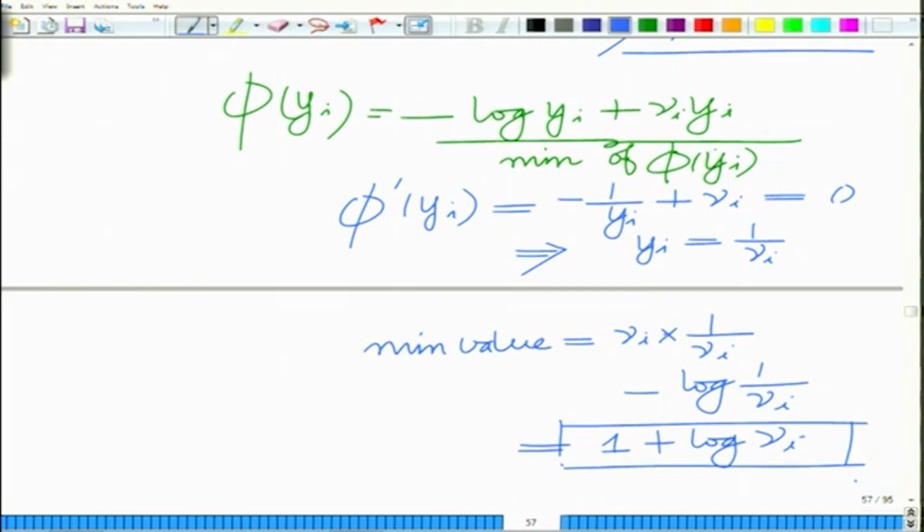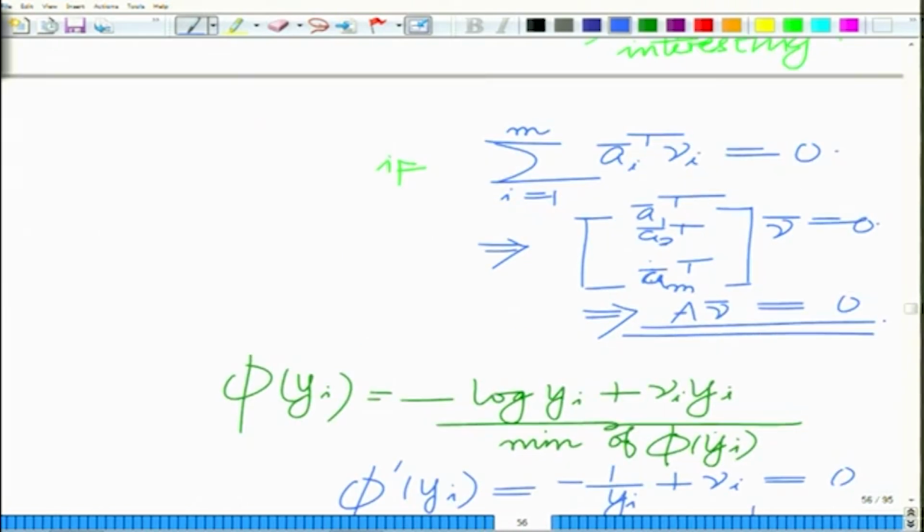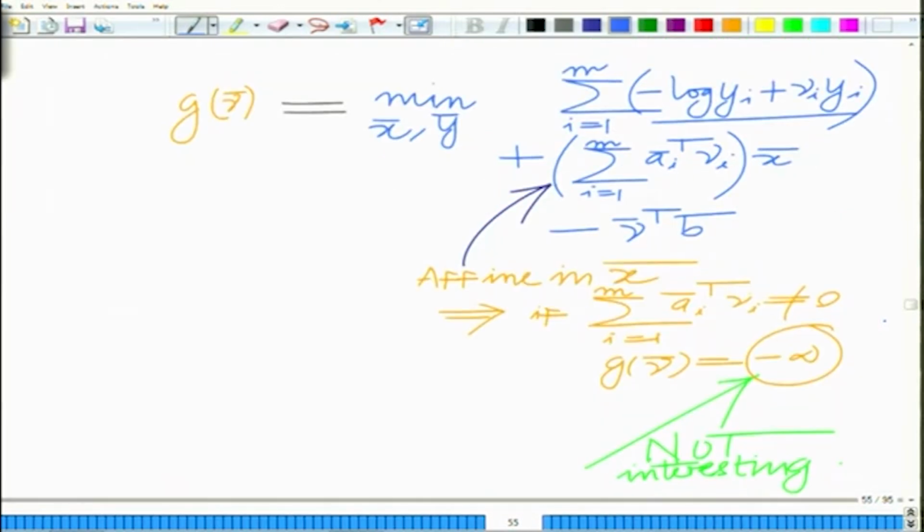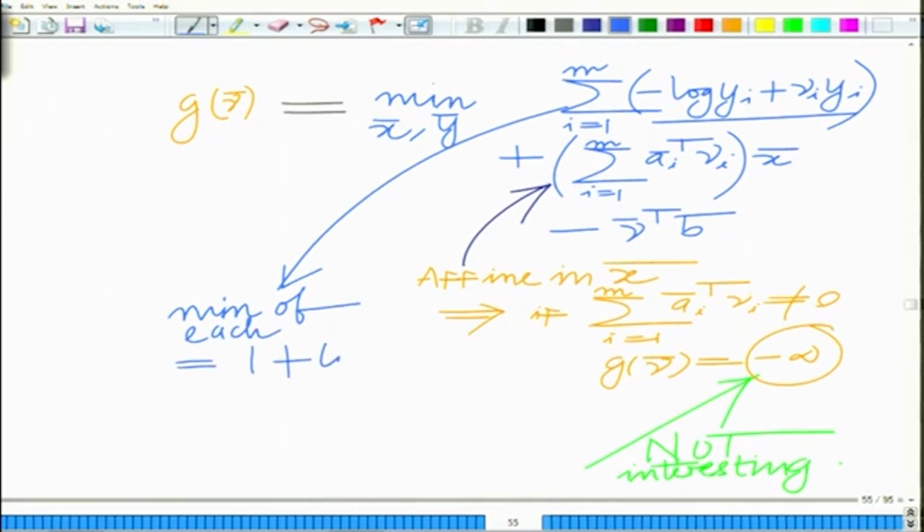So, in summary, if A times nu bar equal to 0, the minimum of each minus log yi plus nu i yi equals 1 plus log nu i, and therefore the net minimum is summation of 1 plus log nu i minus nu bar transpose b bar.